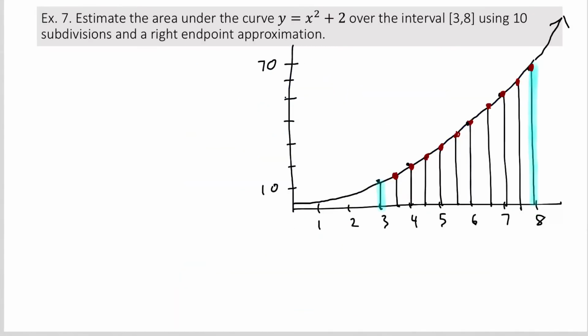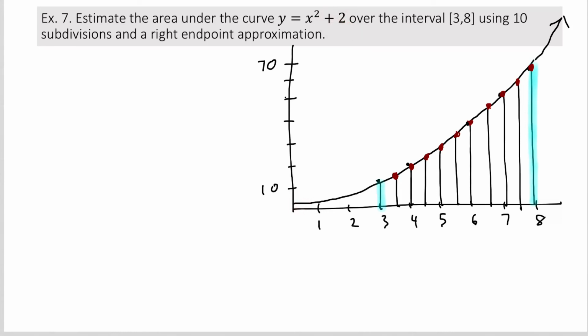Okay, so for example 7, it says estimate the area under the curve given by y is equal to x squared plus 2 over the interval 3, 8 using 10 subdivisions and a right endpoint approximation. So, in this case, our y will have to be determined, our f of x, using a function. So I've drawn the function.